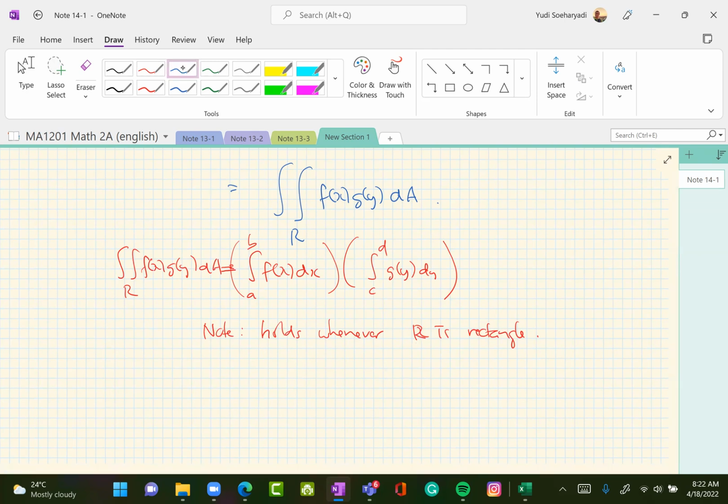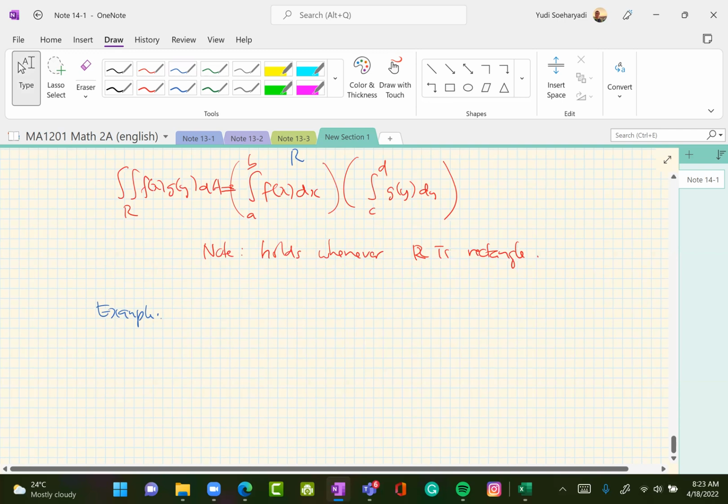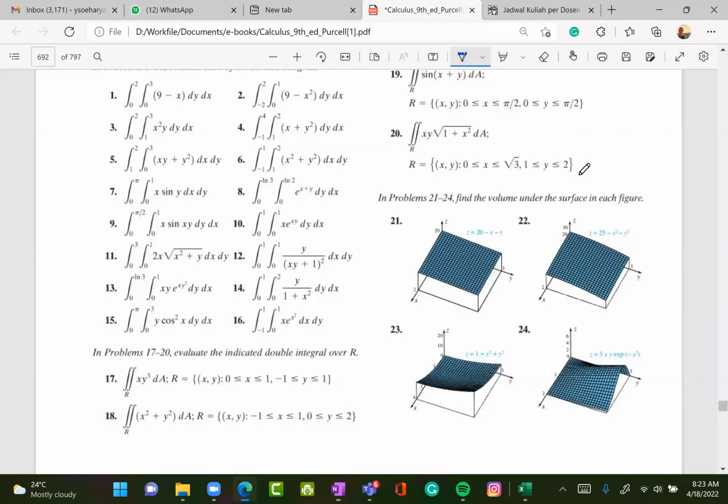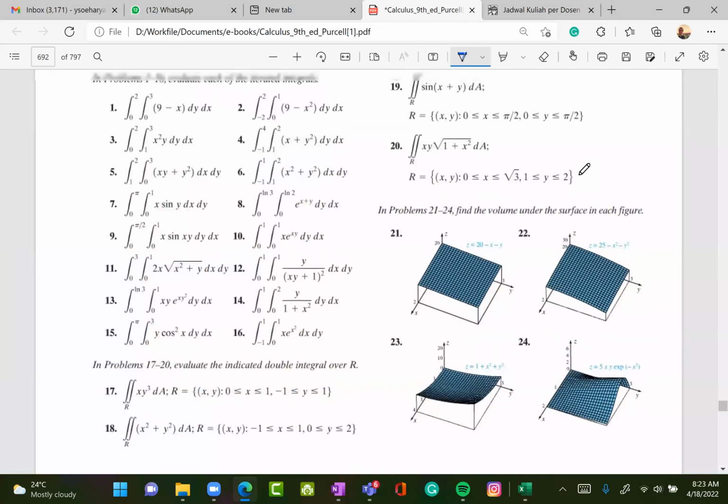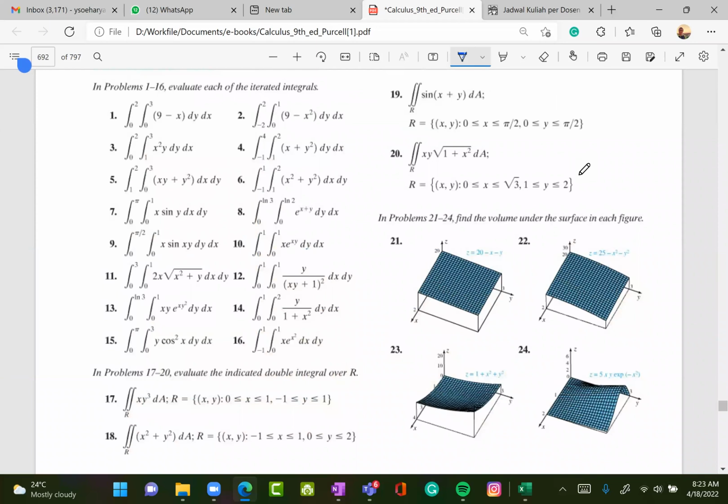So let's do some examples. Just take maybe one problem from the textbook. All right, so let's see. Let's pick here, problem 15, for example.